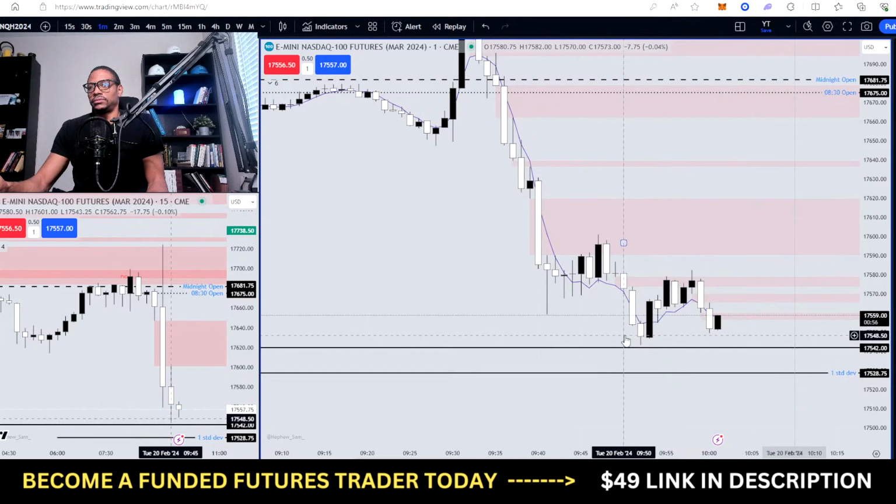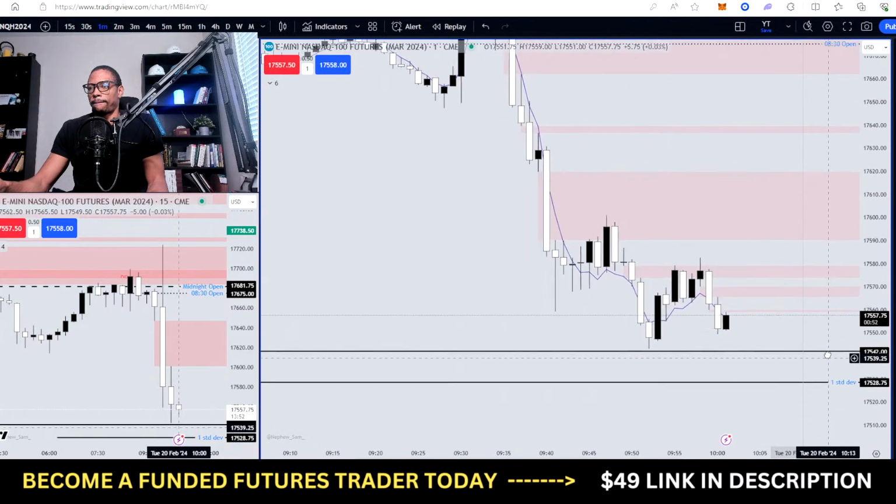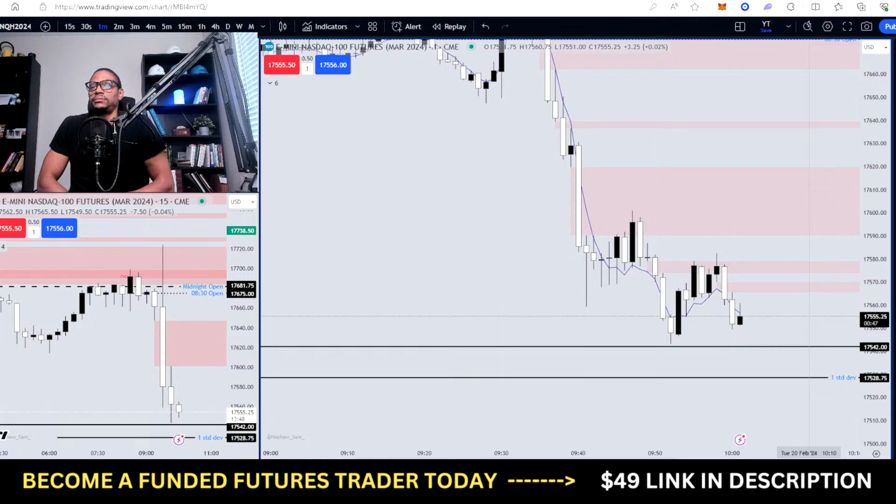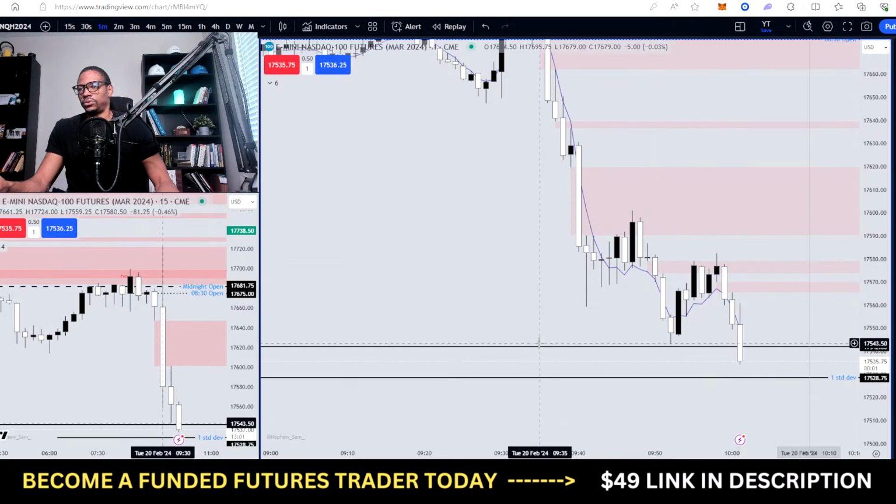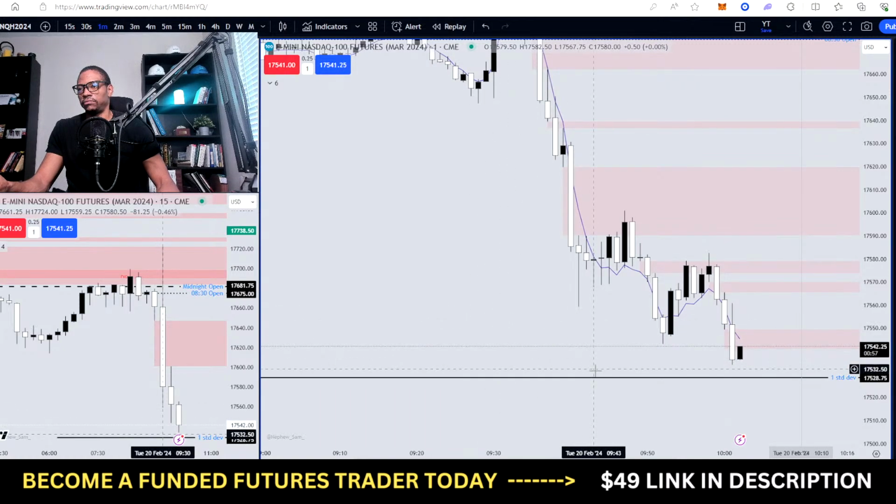Okay, 10:01. And first swing low's been taken now. Looking now and see if it makes that measurement of a full standard deviation.